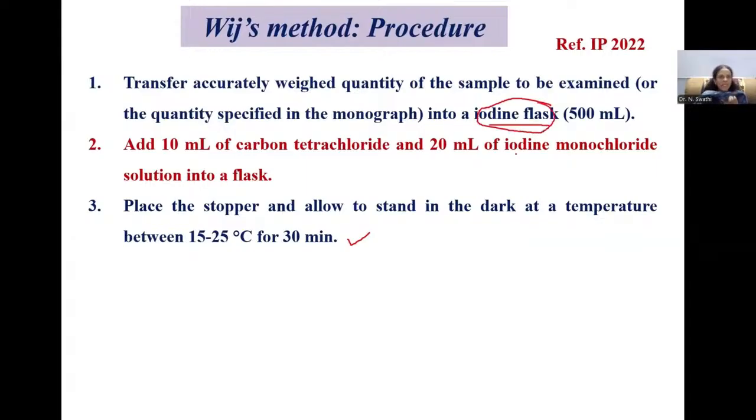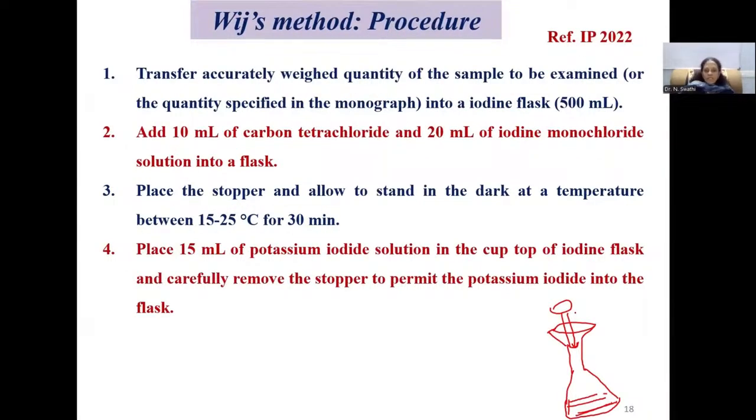Because this is a liberated iodine titration, if you perform this reaction or titration in a conical flask, the liberated iodine will escape. To avoid this experimental error, we are supposed to perform this titration in an iodine flask. Imagine an iodine flask, students. Once this 30 minutes is completed, we should add potassium iodide solution.